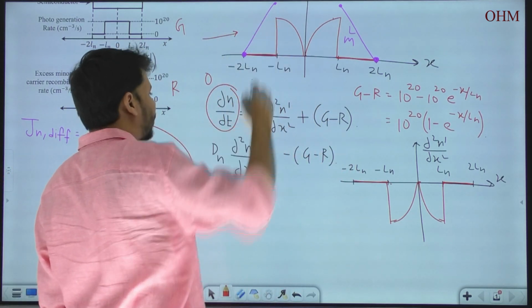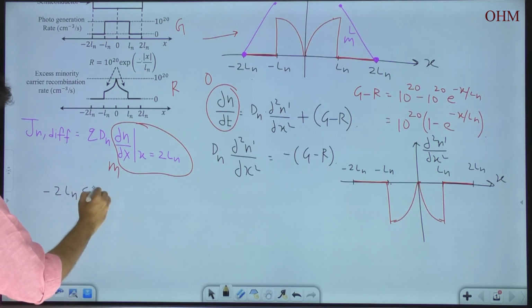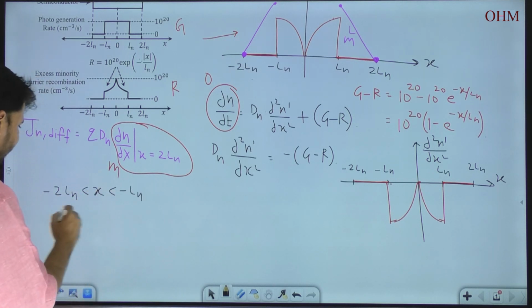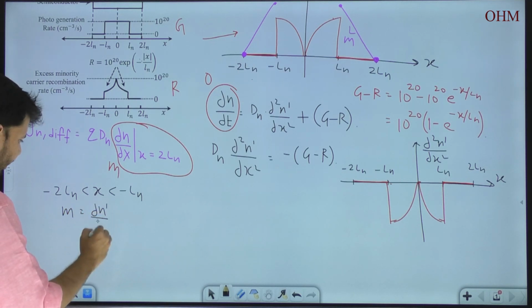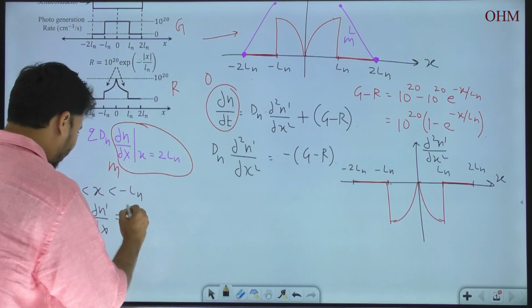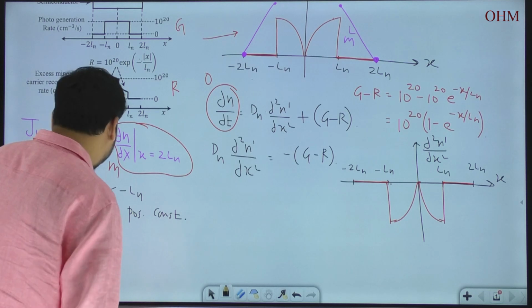Here the slope is positive. Minus 2 Ln less than x less than minus Ln, that means dou n prime by dou x is a positive constant.